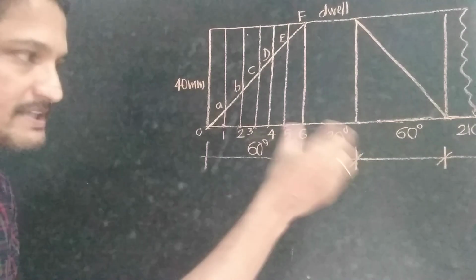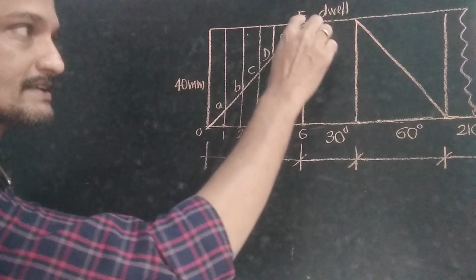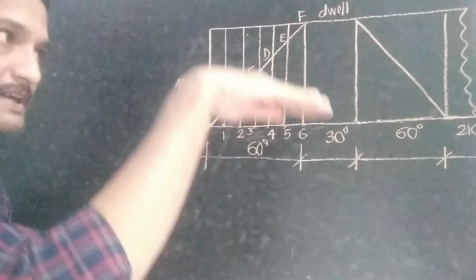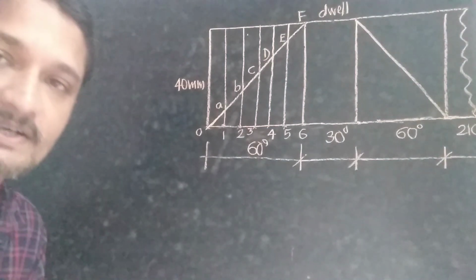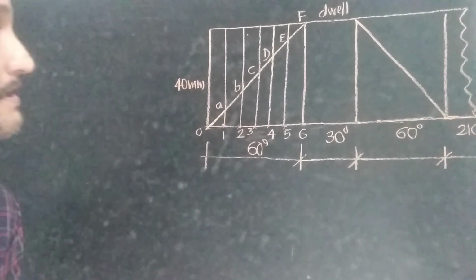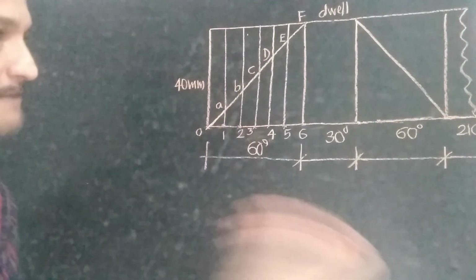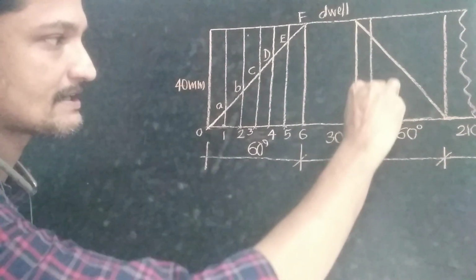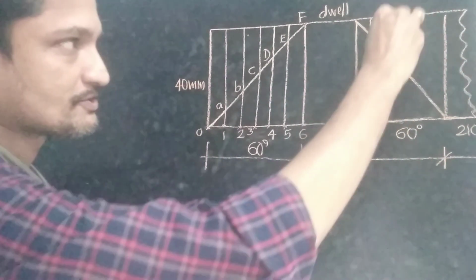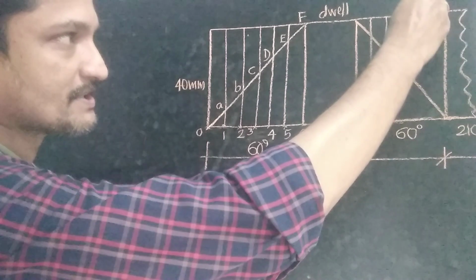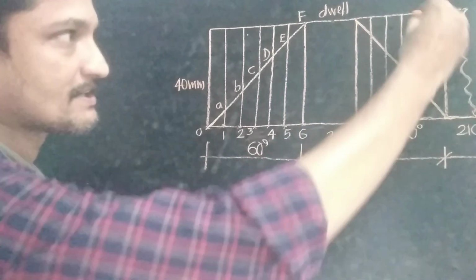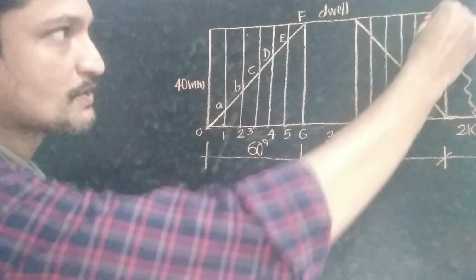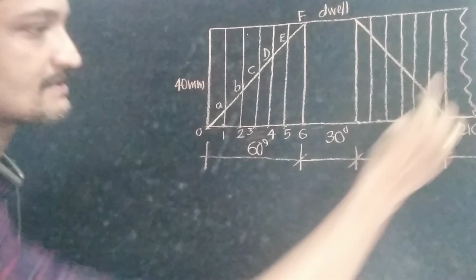Then during the next 30 degrees, the cam is at the same height. That means there is no further movement of the follower. After that, the follower returns to its original position. We can divide the return stroke also into 6 equal parts.